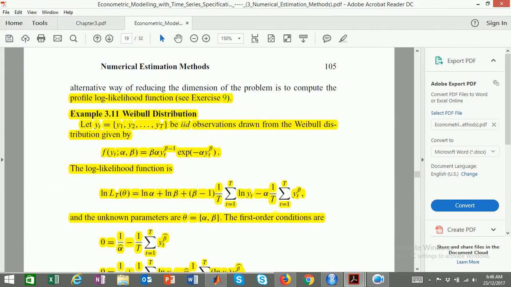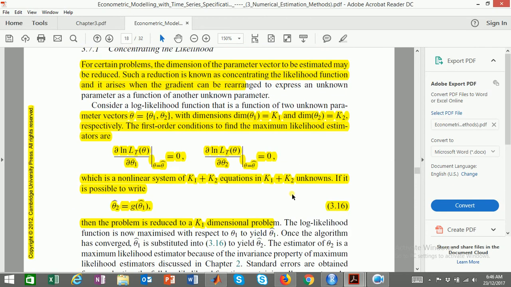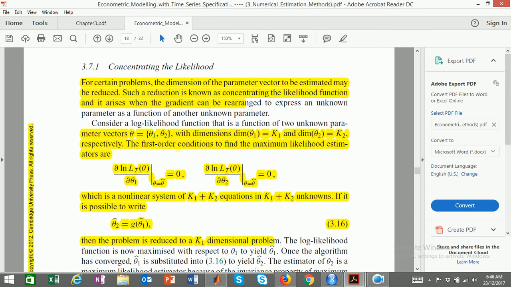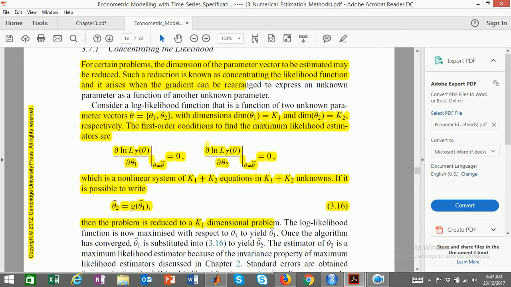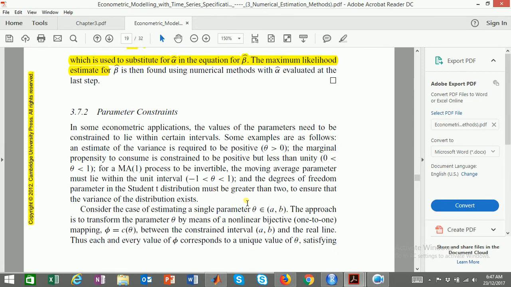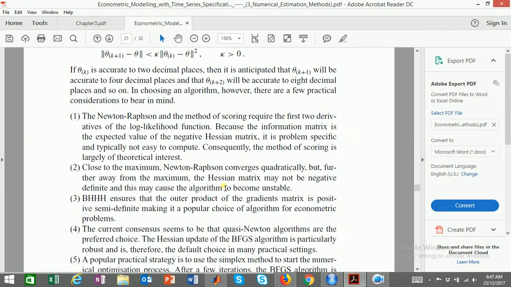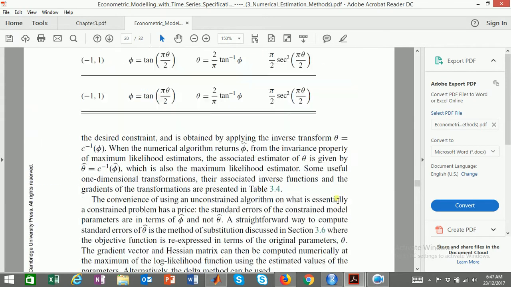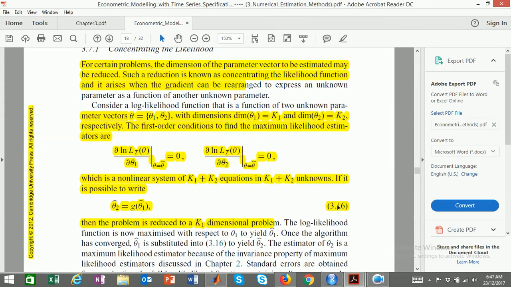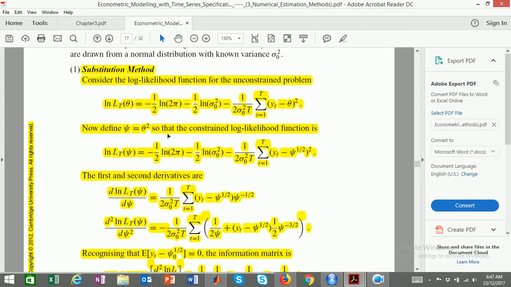There we have Weibull. Here we're talking about Weibull, and so there is concentrating the log likelihood. We have already discussed that, to control the dimension of concentration, parameter constraints. We're putting in constraints and trying to control it. Okay, there you go, substitution, constraint and non-constraint.